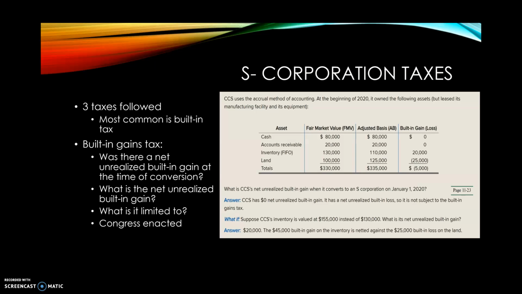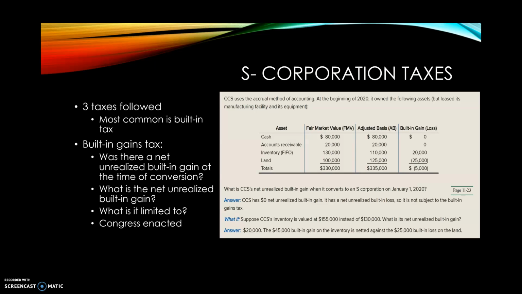This represents the net gain that the corporation would recognize if it sold each asset at its fair market value. This is measured on the first day of the corporation's first year as an S corporation. Now, if there is a loss, there will not be any tax paid.